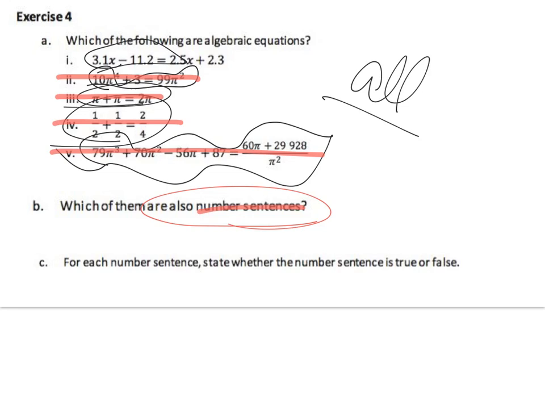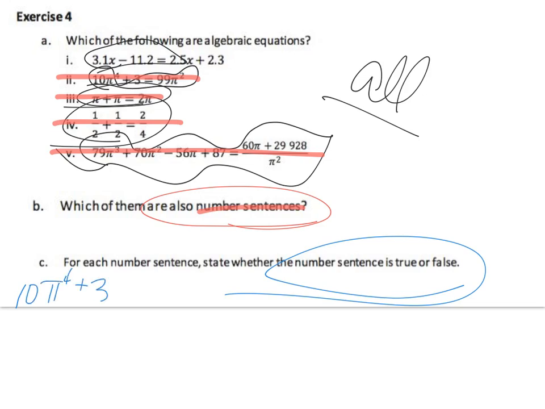For each number sentence, state whether the number sentence is true or false. Let's circle those in blue. True or false. The first one wasn't a number sentence. So 2, I have 10 pi to the 4th plus 3 equals 99 pi squared. Yep, I'm going to say that one there is false.